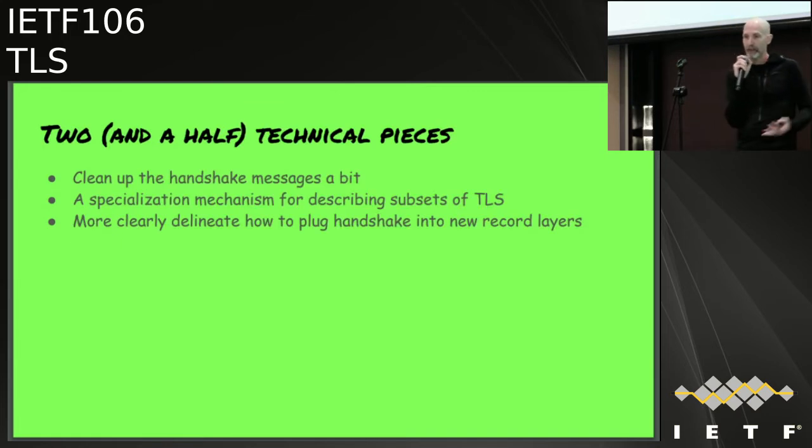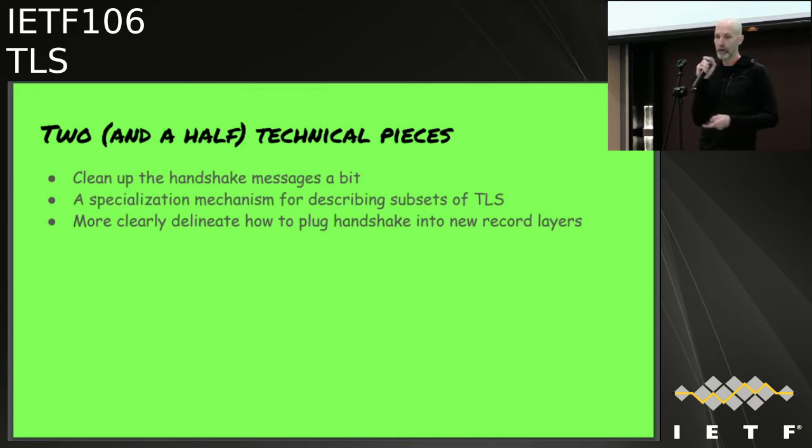So there's like 2.5 technical pieces here, which we might adopt some or all of, or none of, for that matter. One is some cleanup on the handshake messages to make them less gross and crufty. I'll talk about each of these in detail. The second is a vaguely advanced specialization mechanism for describing subsets of TLS, in a way that isn't just writing new document profiles.